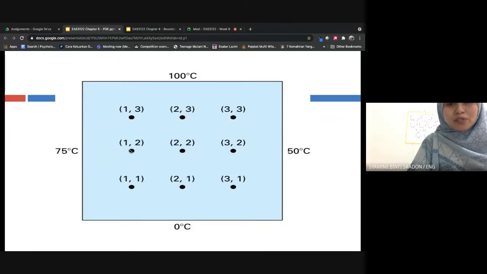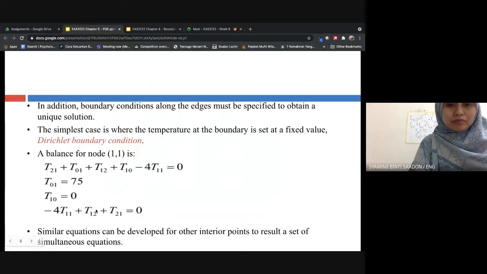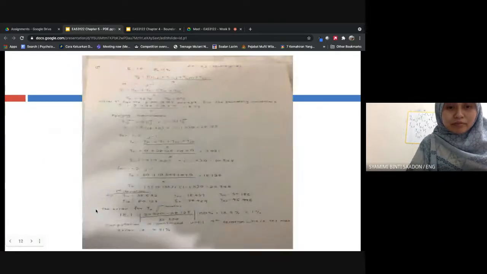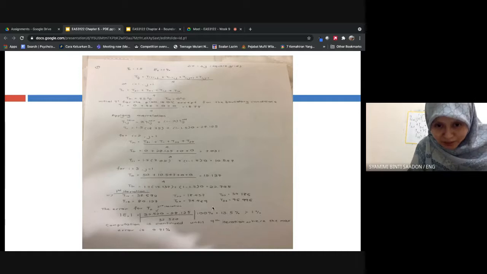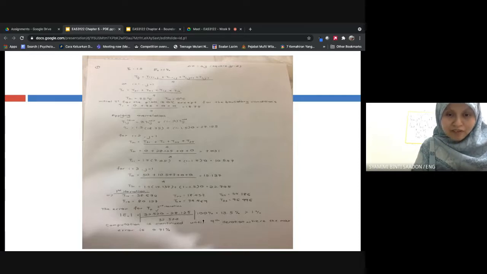So now we proceed with T12, T22, T32, and then next T13, T23, T33. Same method: apply the Laplacian and calculate T12, T22, T23, and then for the third line.